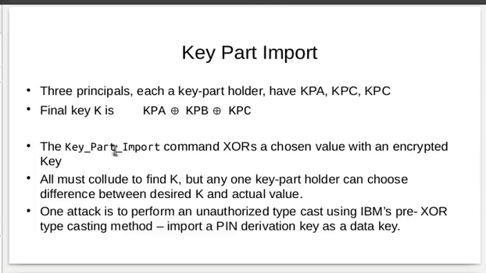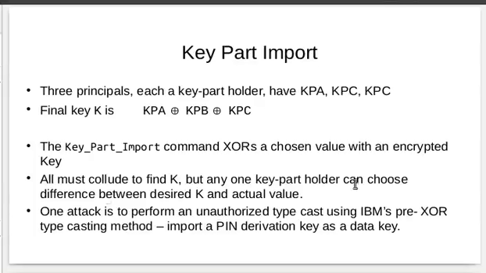This key part import function basically imports each of these three parts and then does an exclusive OR of a chosen value with an encrypted key. The reason for doing this, once again, as before with the Visa security module, was that all three must collude to find this K.